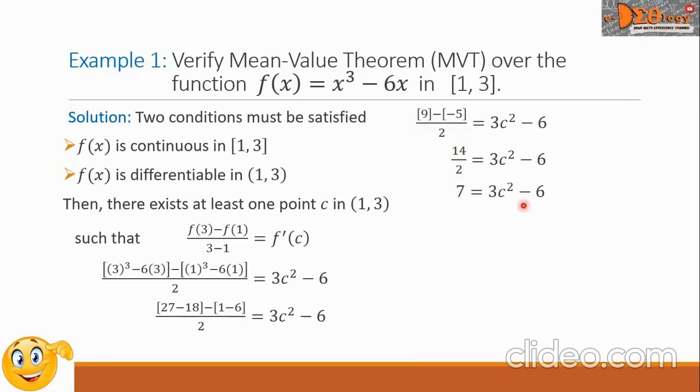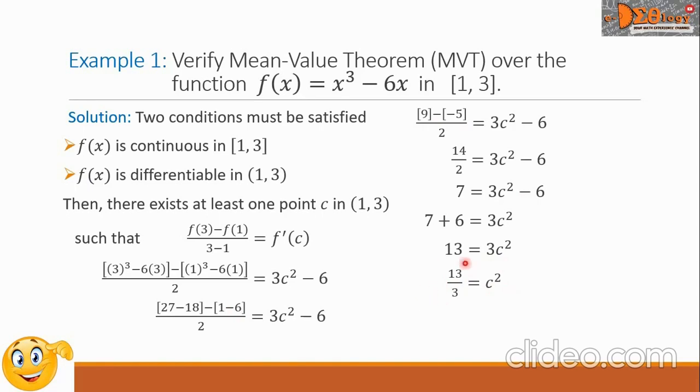The quotient here becomes 7. Let us transpose the negative 6 to the left. The negative becomes positive 6. 7 plus 6 is now 13. Let us isolate c squared by dividing this equation by 3. So we have c squared and on the left side 13 over 3.